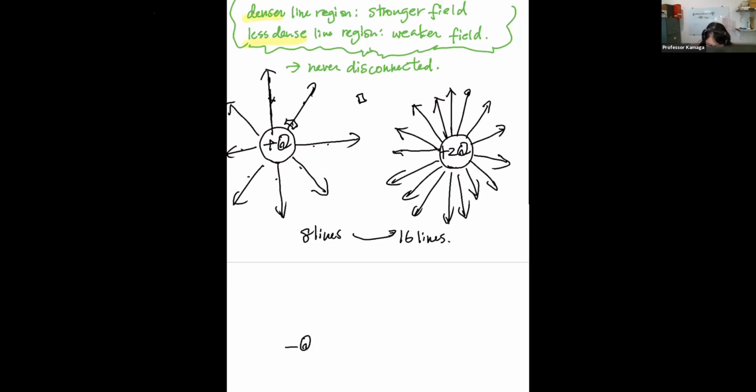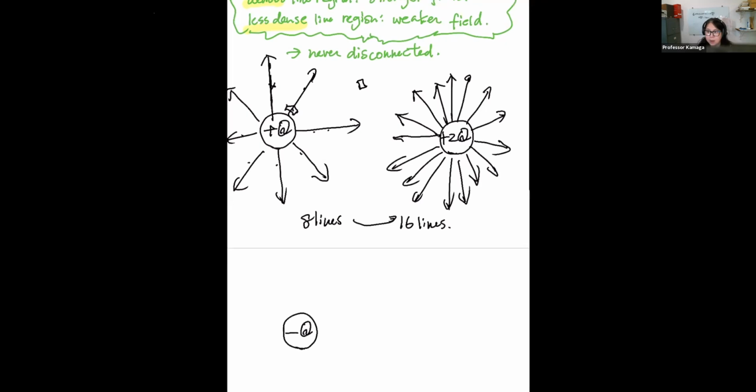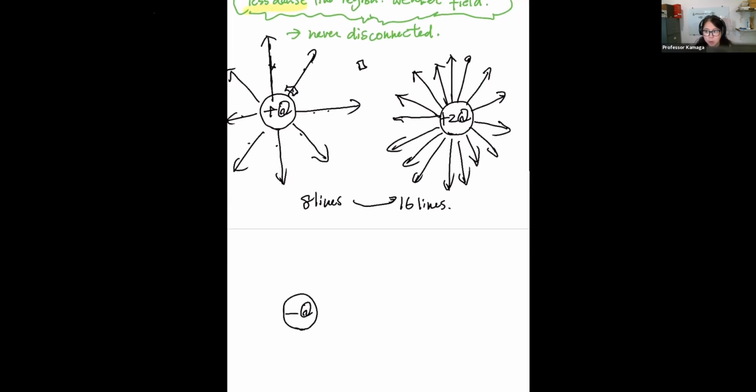How will the minus Q charge look? What kind of electric field line does the minus Q have?